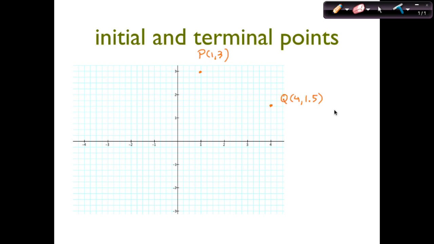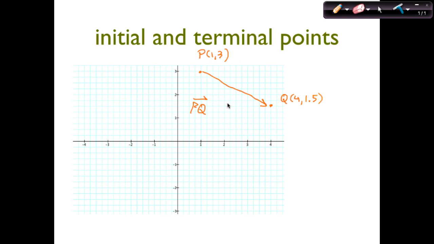You could find the vector from P to Q, and also the vector from Q to P. So if I want to define the vector from P to Q, we can write PQ with the arrow over both, and that represents the vector with tail P and tip Q.